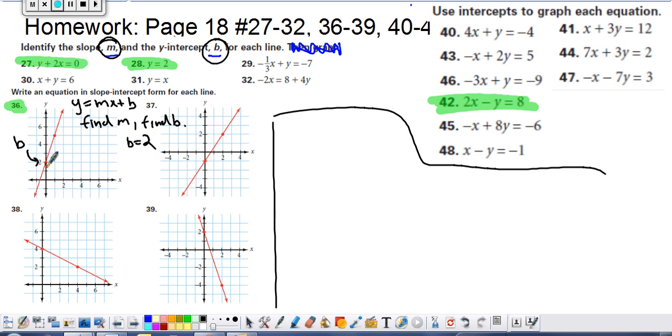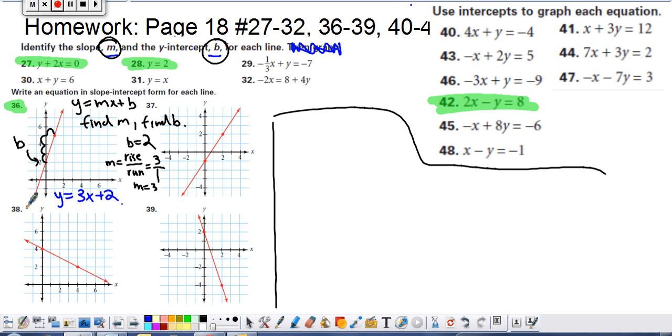And now to find my slope, I'm going to count the rise over the run. So m is rise over run, which equals 3 over 1, because I went up 3, I went right 1. So my m equals 3. The equation is then y equals 3x plus 2.